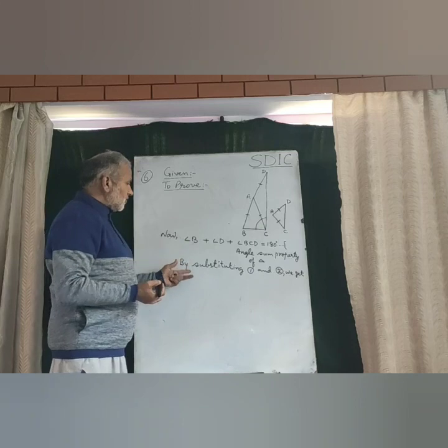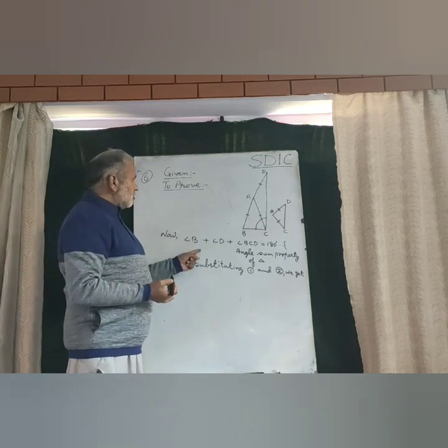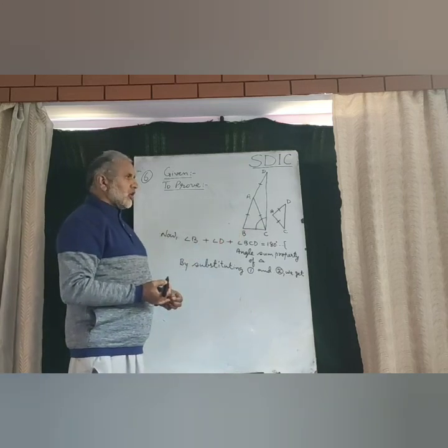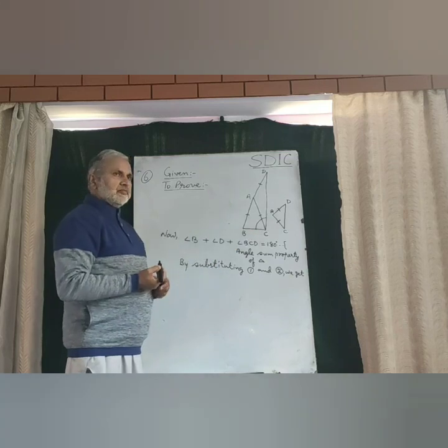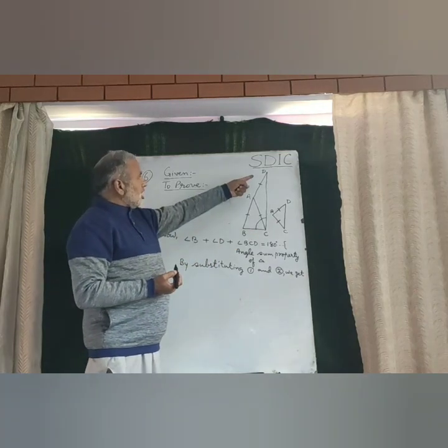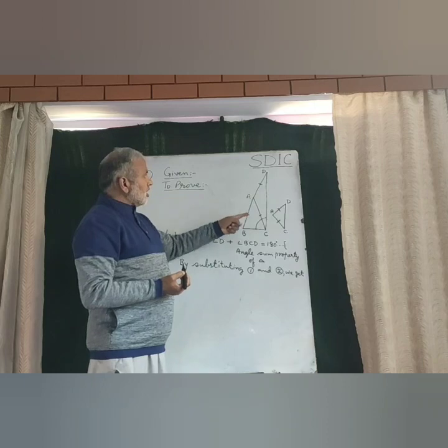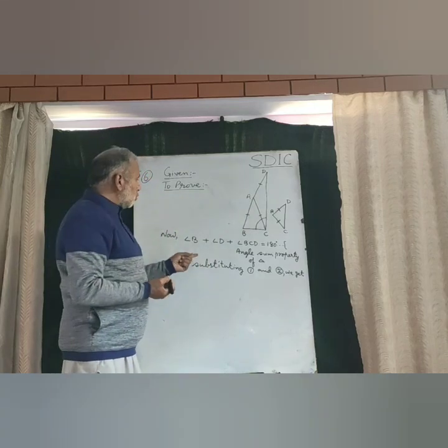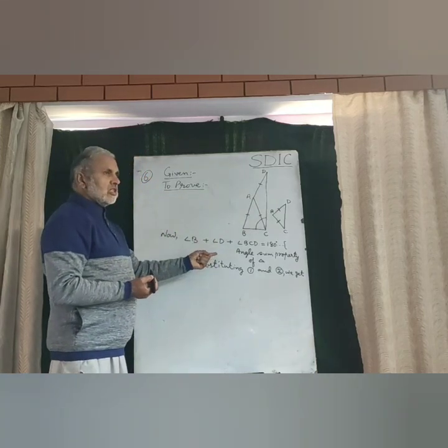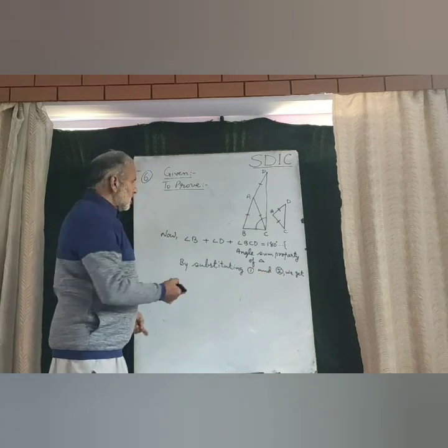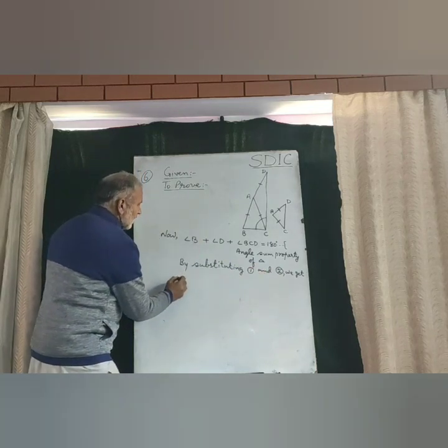Now look at first and second. In the first we have angle B equal to angle BCA. And in the second we have angle D equal to angle ACD. We'll use for angle B and angle D values from first and second. So for angle B, what shall we write? Angle BCA.